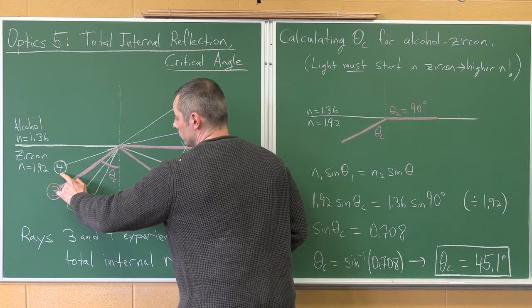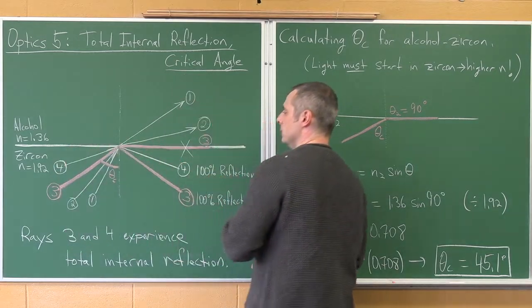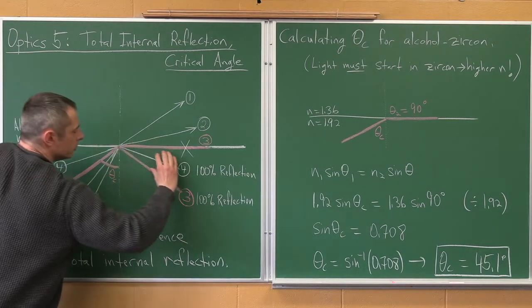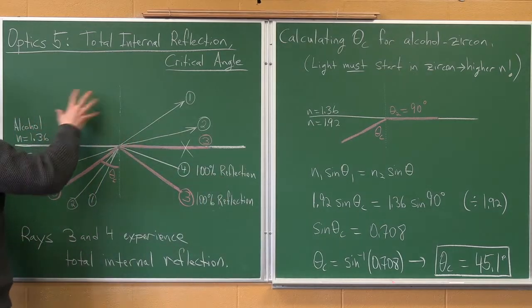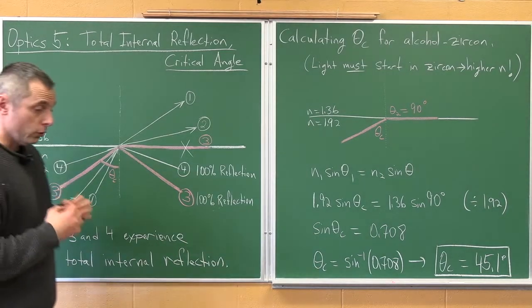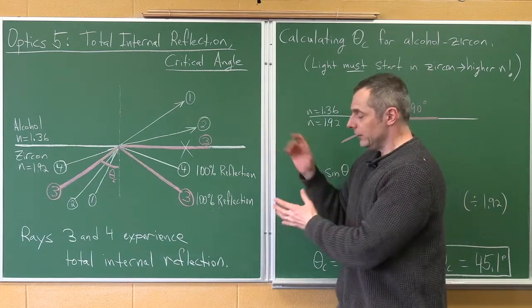And then if I go to a ray at an even greater angle from the normal, again, 100% reflection. For any ray coming in this range of angles, 100% of it stays in, none gets into the other material, alcohol. So rays 3 and 4 experience what we call total internal reflection. Let me create a pause to allow you to copy these notes down.